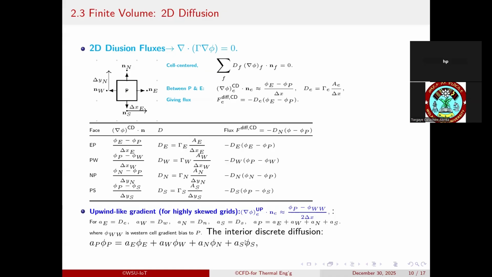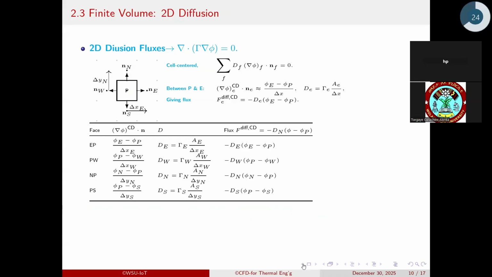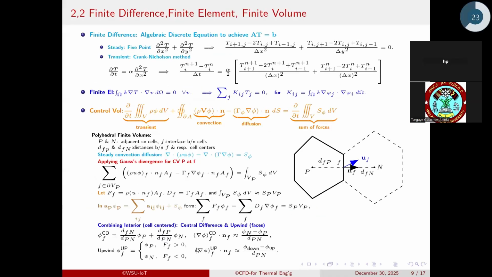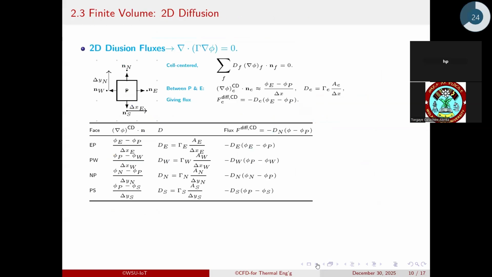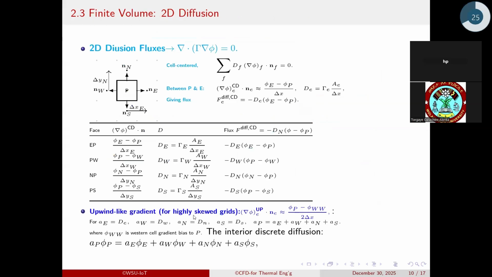For the upwind case, we set this diffusion D, which is diffusion coefficient times area over the face length, and the calculation of flux is the same. The only difference of upwind is selecting the bigger values.